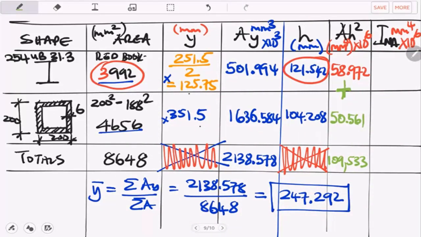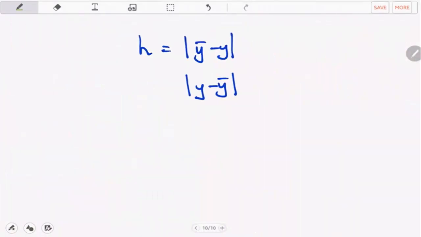109.533 squared. Fine. So let's do I neutral axis. So here you have to be careful. You see your I section is in that compound section like this. The I section is upright like this.